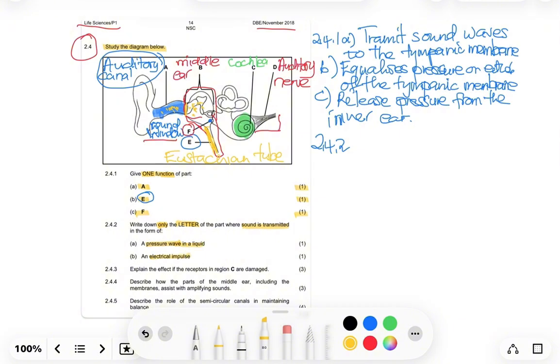All right, pressure wave in a liquid and an electric impulse.